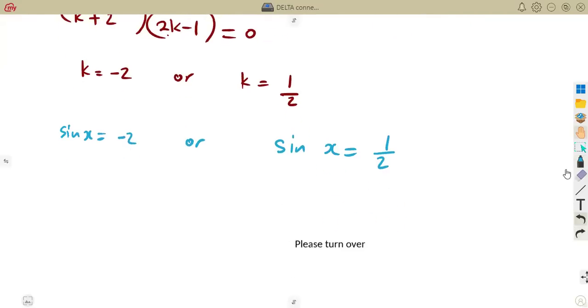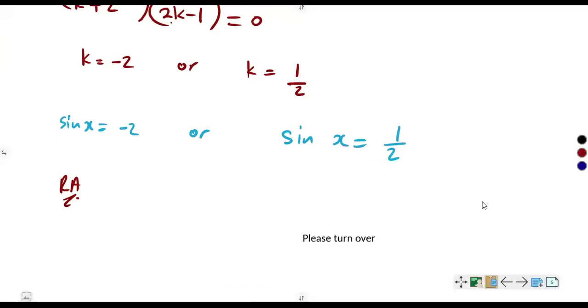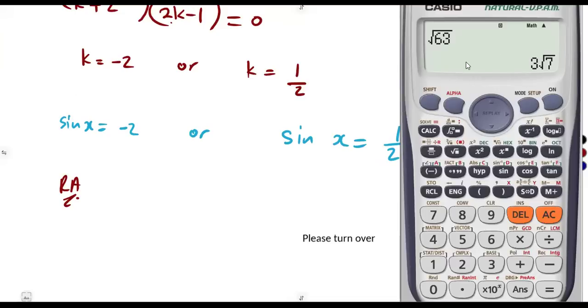Or if you're having a challenge with that, guys, just consider that you're supposed to have arc sine of this to get your reference angle. You use your calculator, guys, to prove it. Then you see your calculator cannot simplify that. If you do not understand what I'm saying, just use your calculator. All right, let's bring our calculator here. This is arc sine of 2. Remember the reference angle, shift sine, arc sine of what?